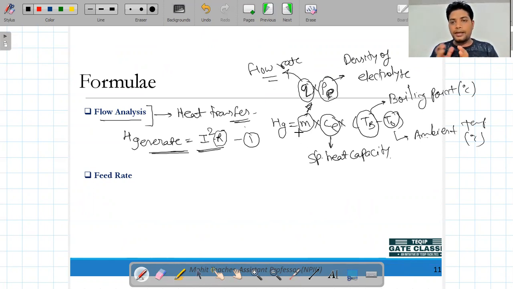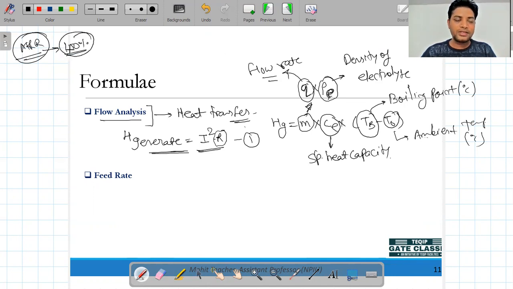Now when we were deriving the material removal rate, I have spoken about these things many times, that when we took this MRR, we considered 100% current efficiency. It means that whatever heat is generated there is completely absorbed by the electrolyte.